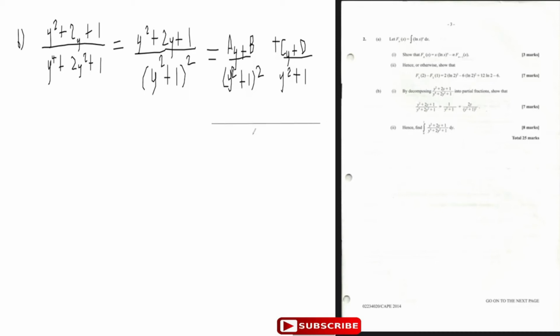So the LCM with these two is going to be, of course, (y squared plus 1) all squared. And this into this just leaves ay plus b.